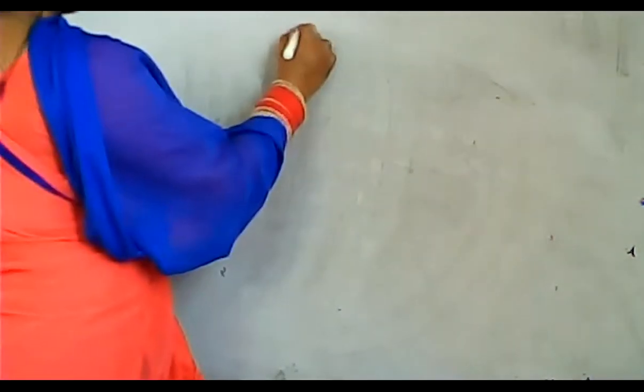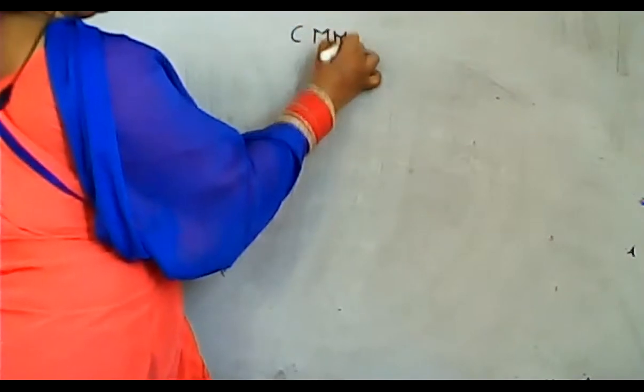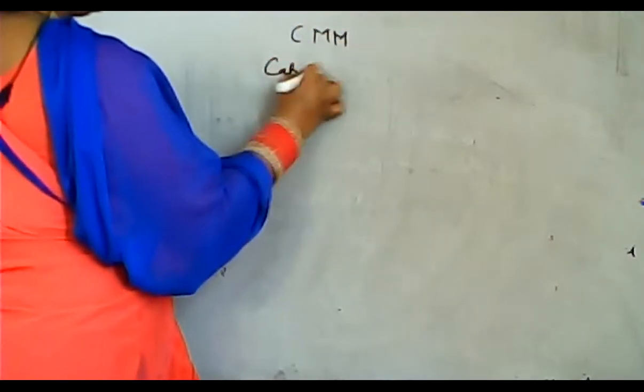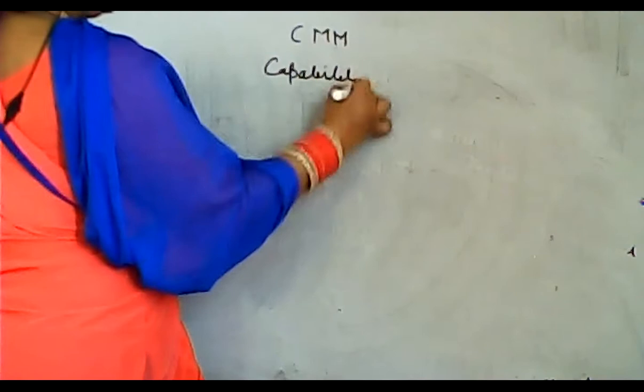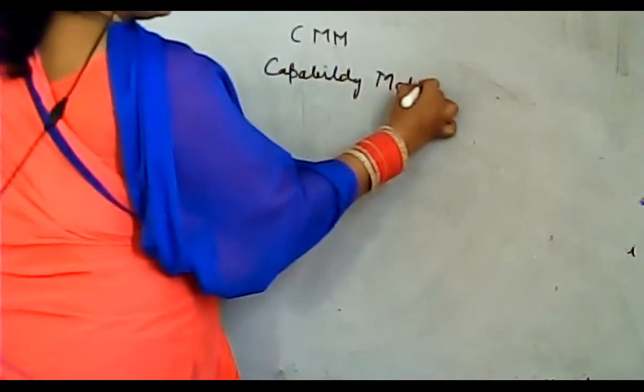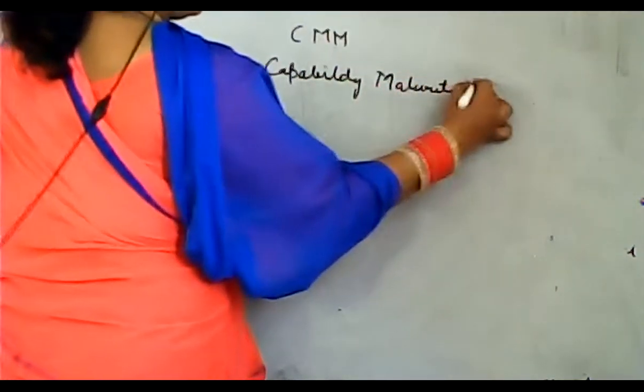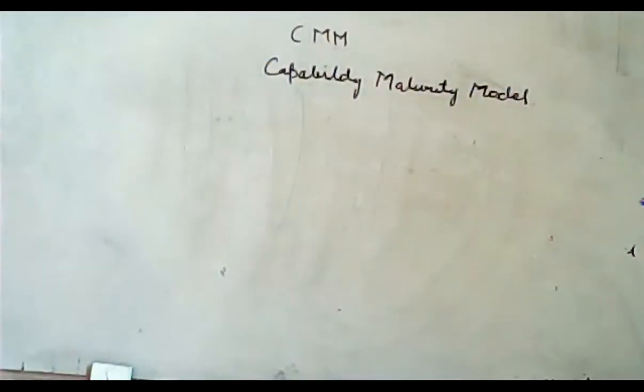CMM is called capability maturity model. It has five levels.